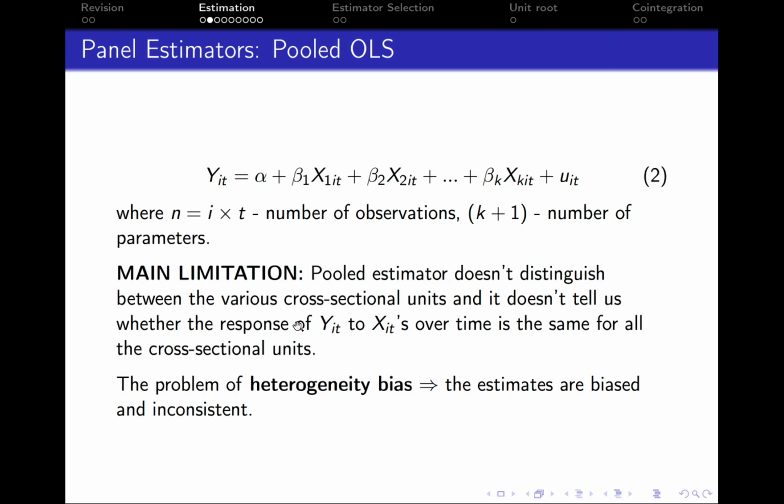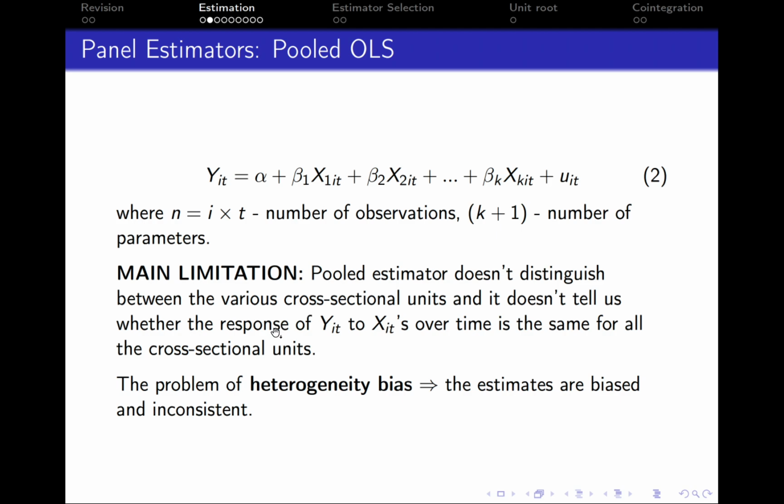So this is the summary of what I've just said, that we have the homogeneous intercept and we also have homogeneous slope coefficients. So the response of y to the change in x is the same, it's equal to beta 1 for all the cross-sectional units, and the intercept is also the same for cross-sectional units.